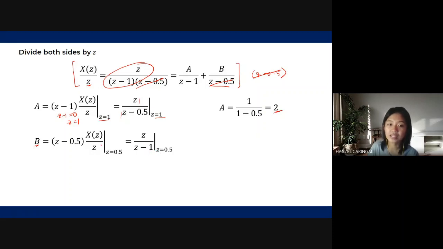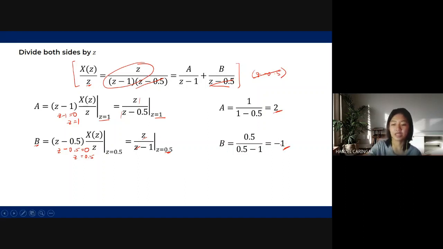Then the z here is the value when we equate z minus 0.5 to 0, so z is equal to 0.5. Same process as finding A, we substitute the value of z, which is 0.5. So our B here is equal to negative 1.